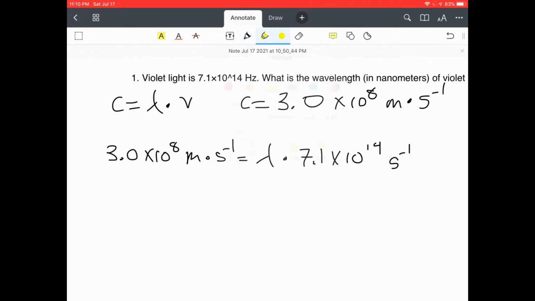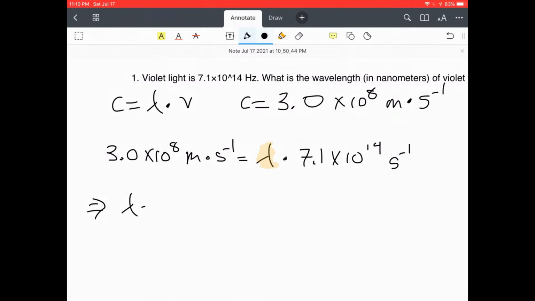So now we need to get our wavelength value all by itself. So what I'm going to do is divide by 7.1 times 10 to the 14 hertz on both sides in order to get our wavelength symbol all by itself. So that's what I'm going to do right here.